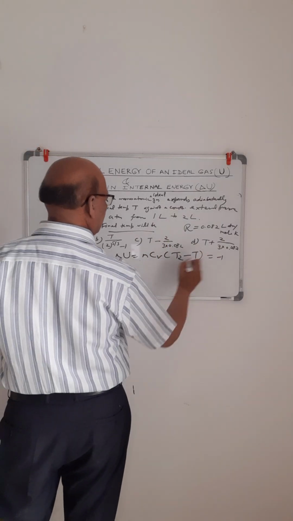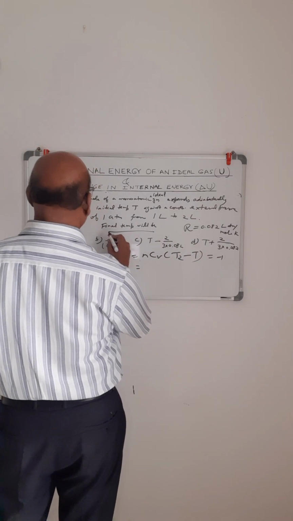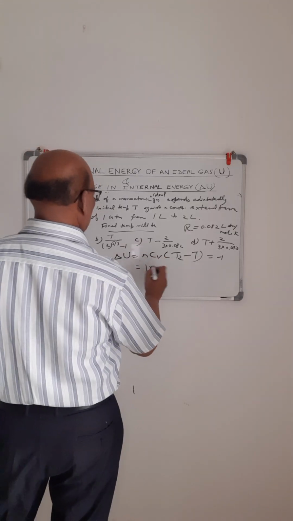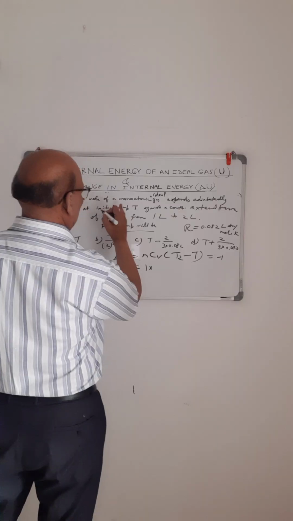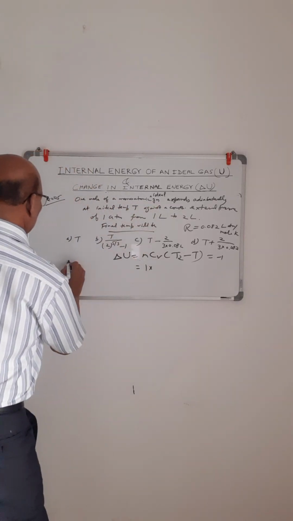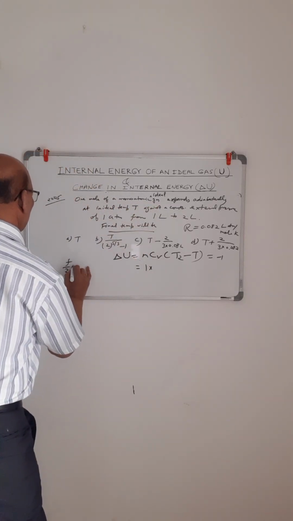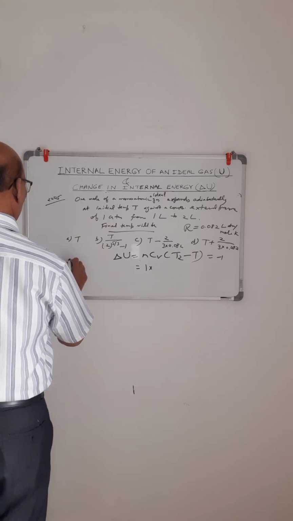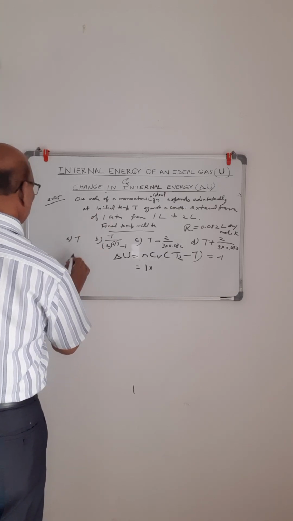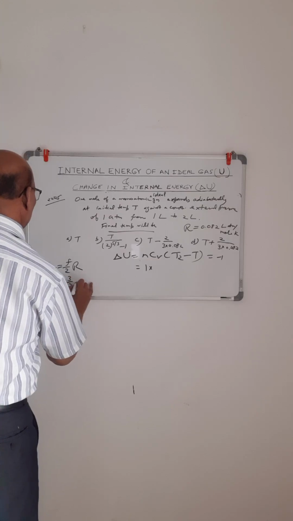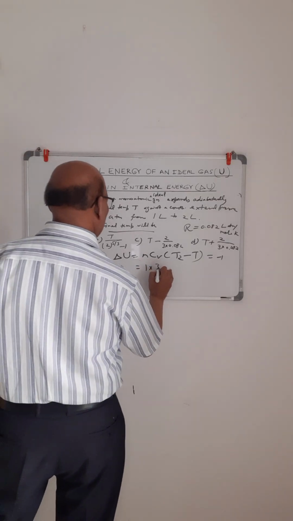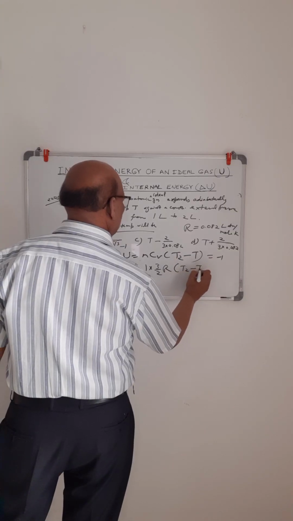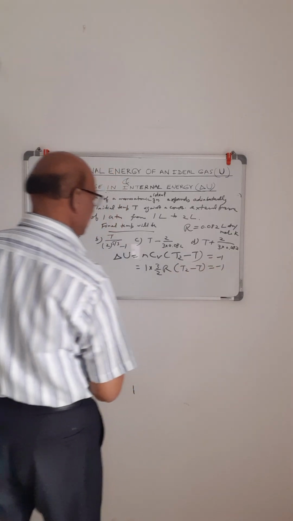It was minus 1 liter atmosphere. So n is 1 mole. Value of CV for monoatomic gas is f by 2 into R, that is the CV value for monoatomic gas. This degree of freedom is 3, so it will be 3 by 2 R. So we can write 3 by 2 R into T2 minus T equal to minus 1.